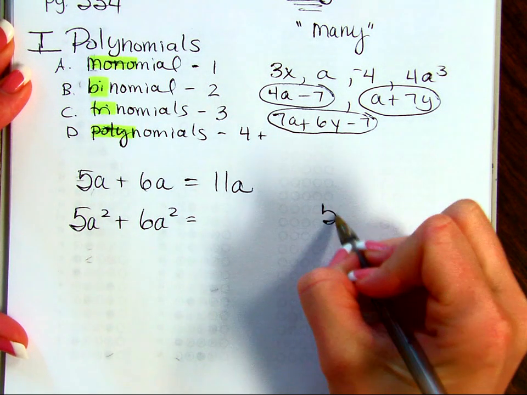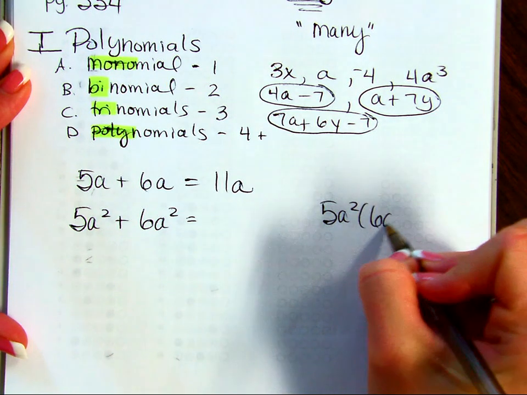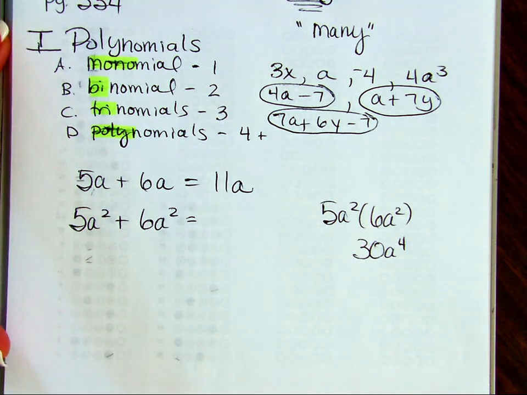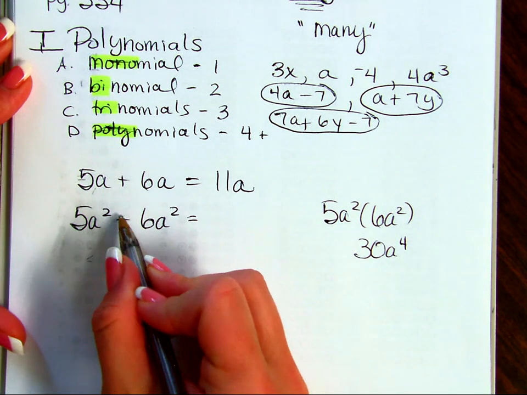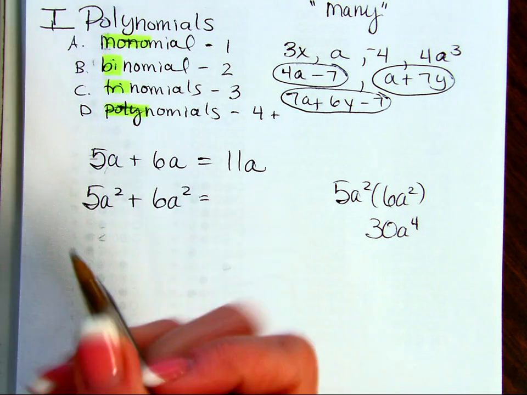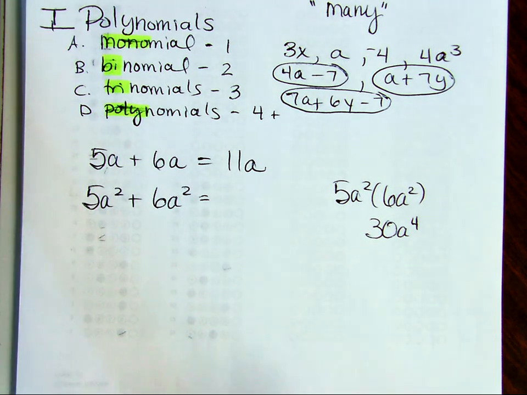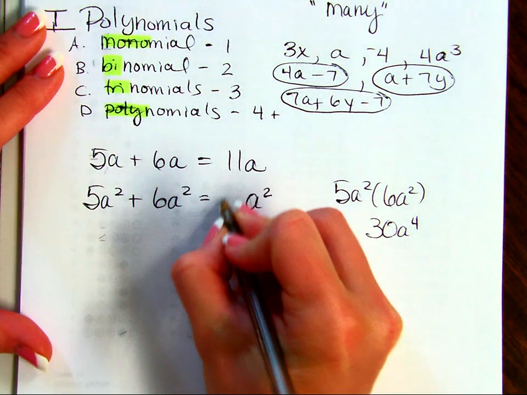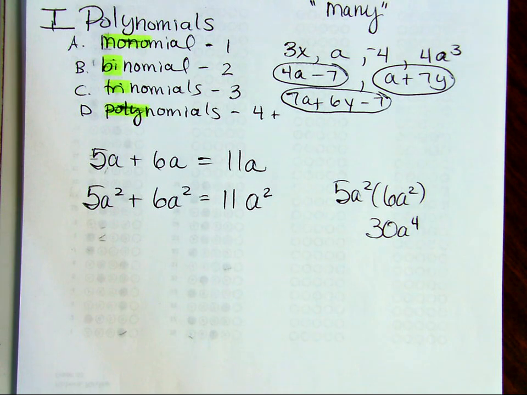So if I asked you to do 5a squared times 6a squared, you would tell me it's 30a to the 4th, right? Because it is. But if I were to turn around and ask you to combine these or add these, and if I were to say, hey, I have 5a squareds, now I get 6 more a squareds, you know what? You still have a squareds, don't you? Now you just have 11 of them.